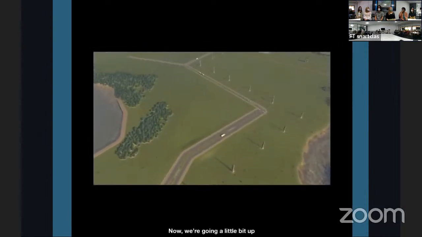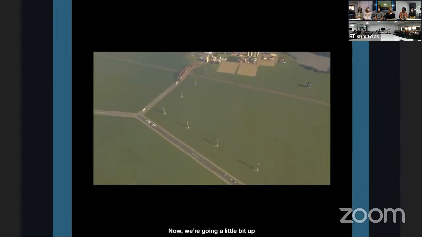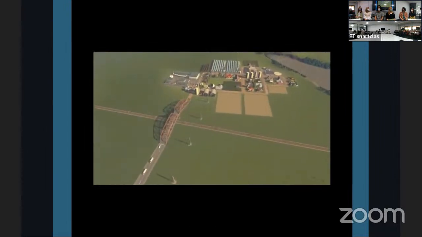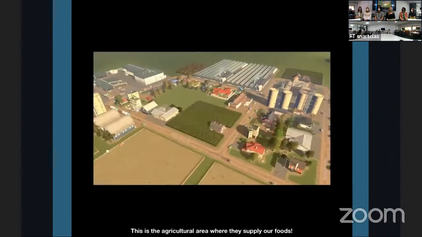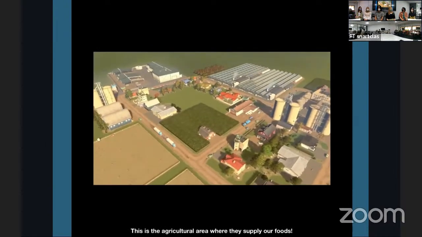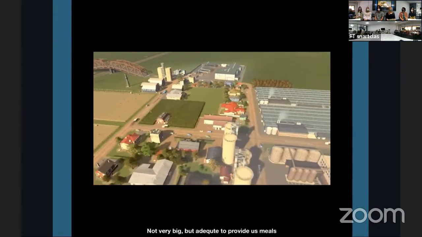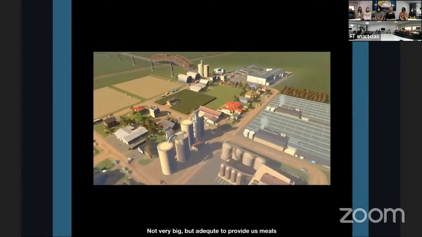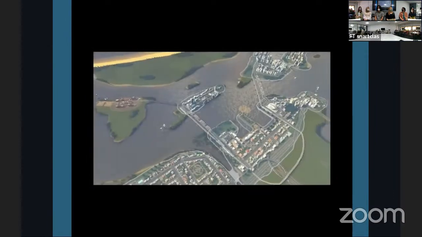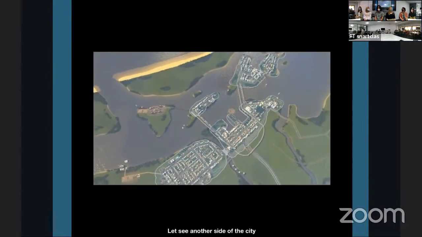Now we're going a little bit up. This is the agricultural area where they supply our food. Not very big, but adequate to provide us meals. Let's see another side of the city.